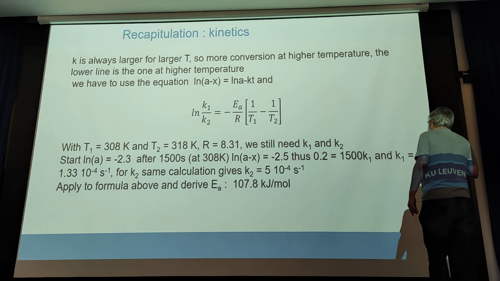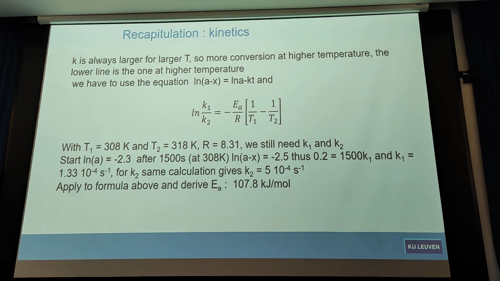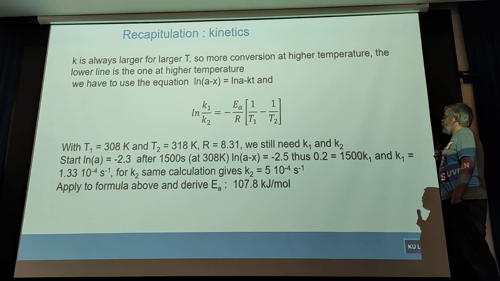The R that we take is 8.31 because we are now dealing with non-atmosphere calculations. So we need K1 and K2 to calculate the activation energy. These are still unknowns.